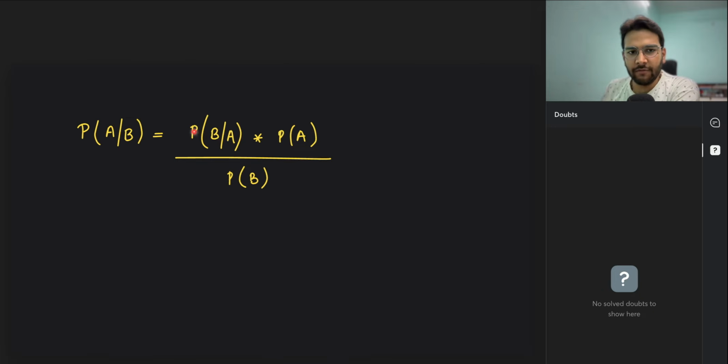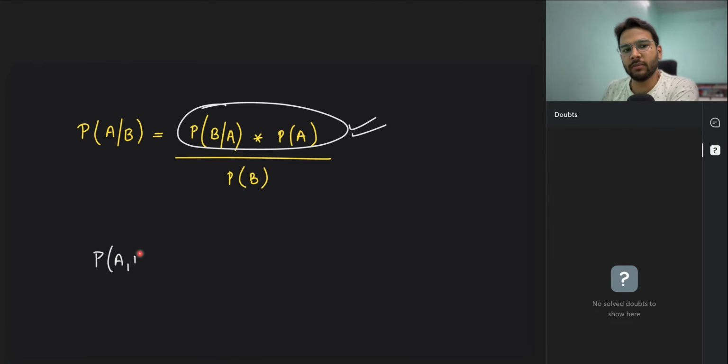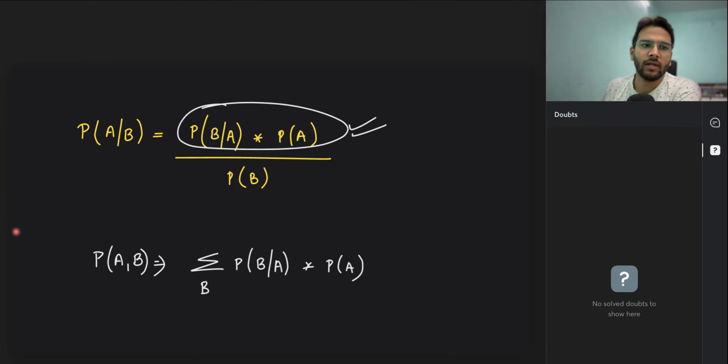Now let's talk about this numerator, because this numerator is nothing but probability of A comma B. If I sum over all the values of B, we have probability of B given A into probability of A. Can you tell me how many additions and multiplications we are supposed to do here? Now think about it. This is a simple example.